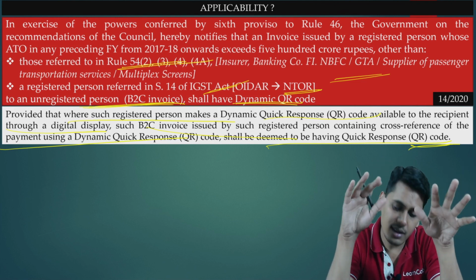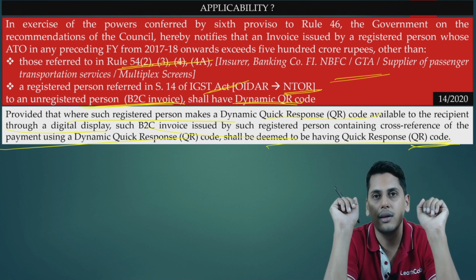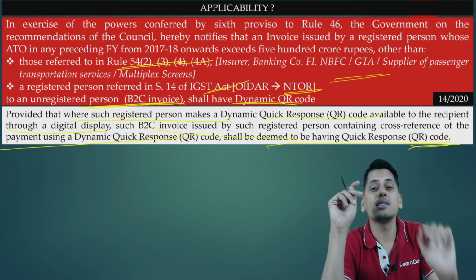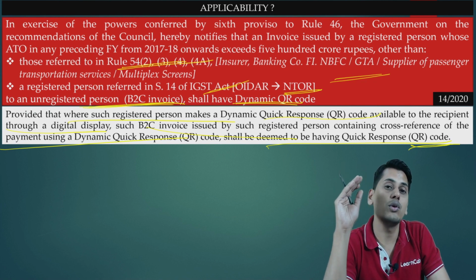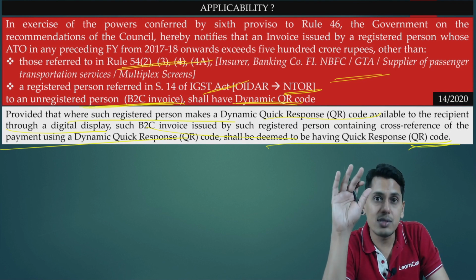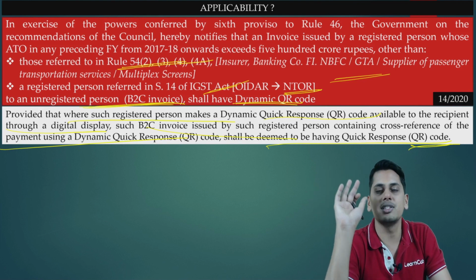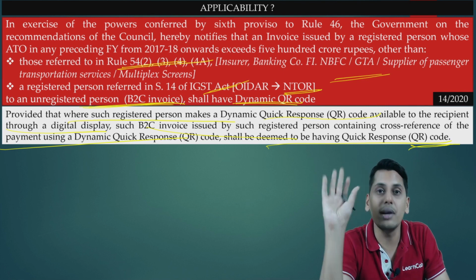Now friends, again there is a notification which also carries a proviso. The proviso tells you that if the dynamic QR code was shown as a digital display and payment was made using that dynamic QR code on the digital display, then it is sufficient if the invoice is having a payment reference number.